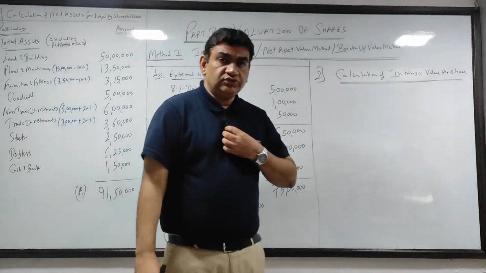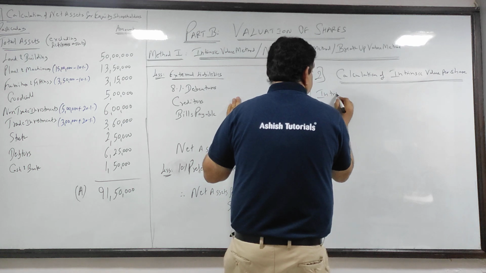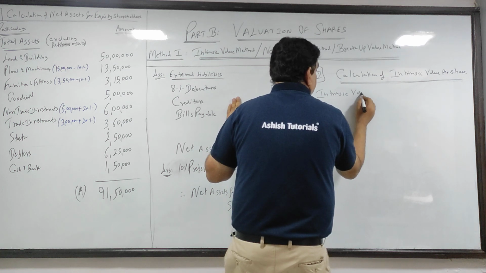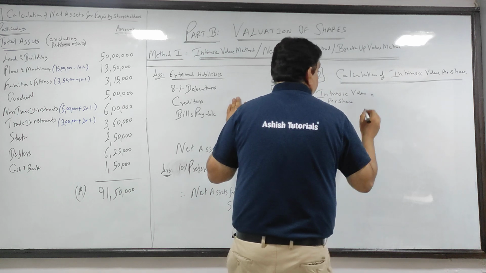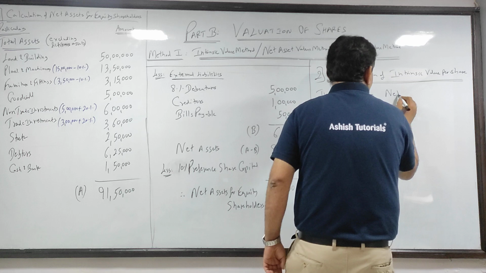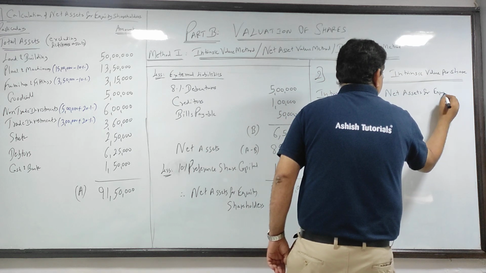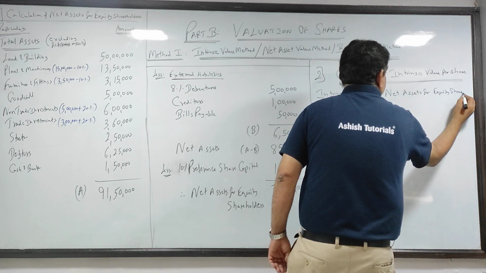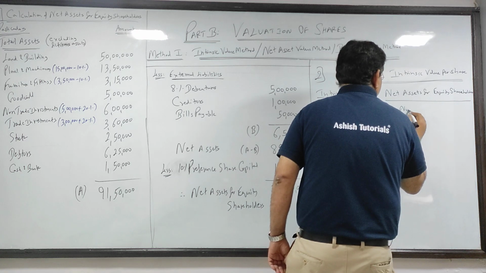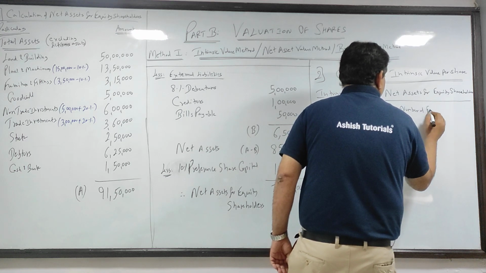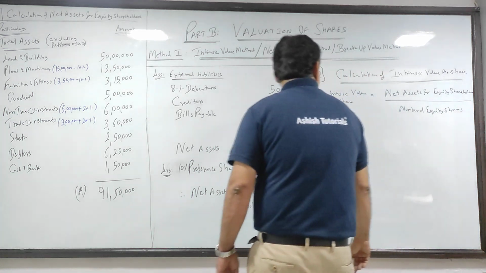There is a formula attached to it. Very, very simple. Understand this. The formula is: intrinsic value per share is equal to net assets for equity shareholders divided by number of equity shares.